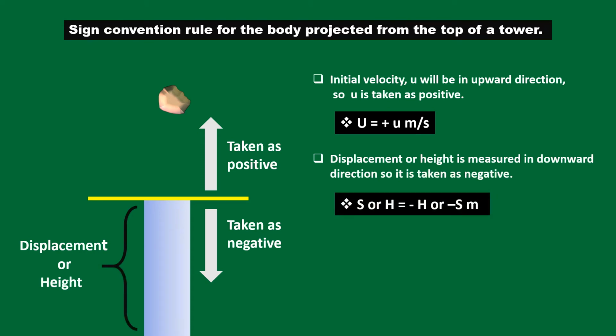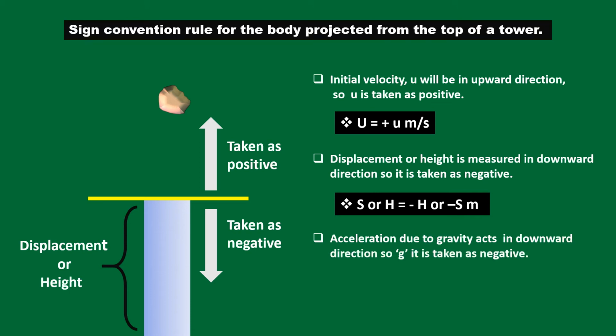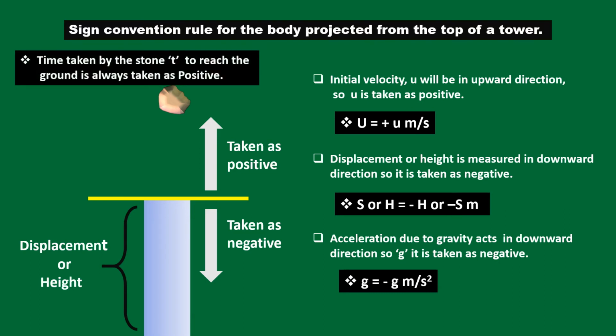So displacement s or h will become minus h or minus s meters. Now acceleration due to gravity acts in downward direction, so g is taken as negative. g will become minus g meters per second square. Now time taken by the stone to reach the ground is always taken as positive because time cannot be negative.